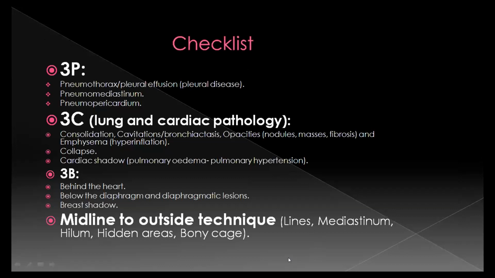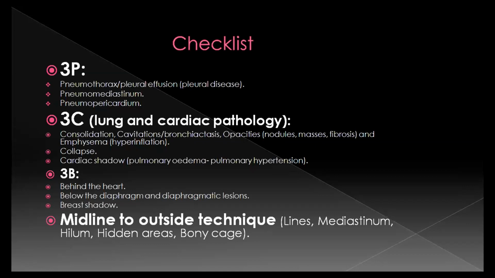So again, our checklist, we should exclude 3B: pneumothorax, besides the pneumothorax, pleural effusion, pneumomediastinum, pneumopericardium. So we are now shifting to 3C: consolidation, cavitations, bronchiectasis, opacities, nodules, masses, fibrosis, and emphysema. By the way, this lecture is recorded.